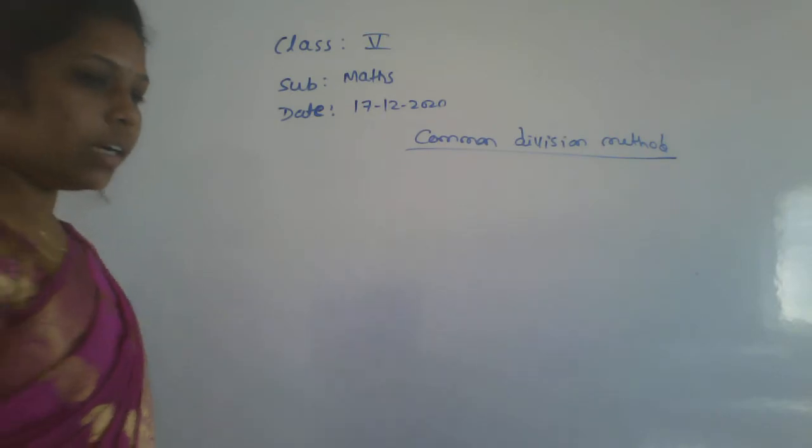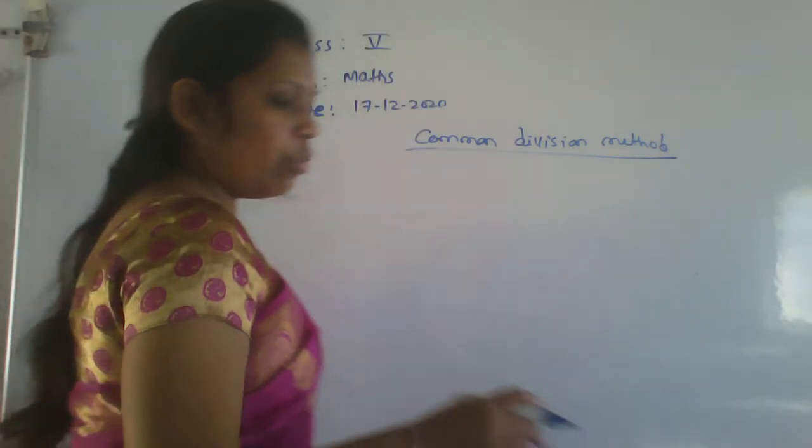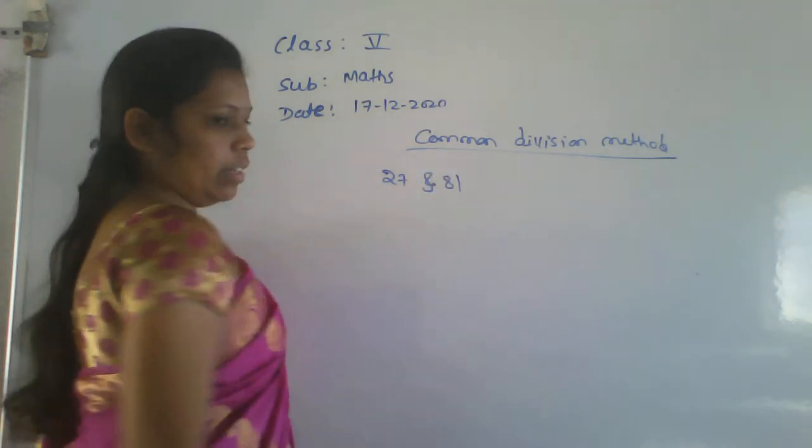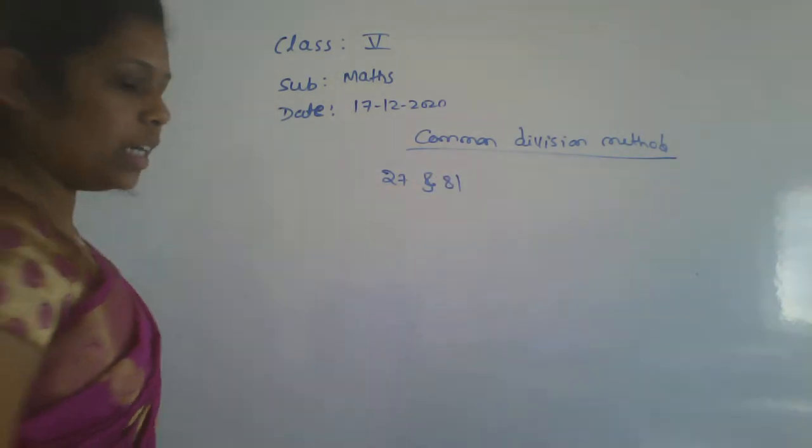In that, I am giving an example for 27 and 81. So this is the common division method.